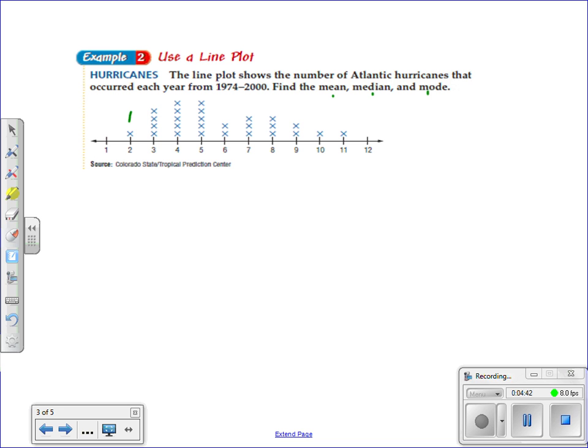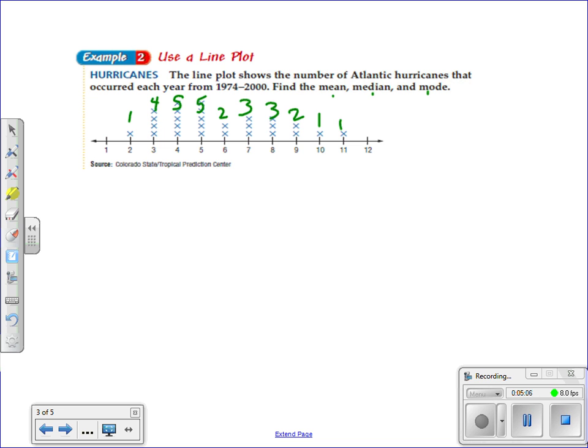There were 4 years that we had three hurricanes. There were 5 years that we had 4 and 5 years that we had 5 hurricanes. There were 2 years that we had 6, 3 years that we had 7, 3 years that we had 8, 2 years that we had 9, and 1 year that we had 10. Okay? So that is our data.